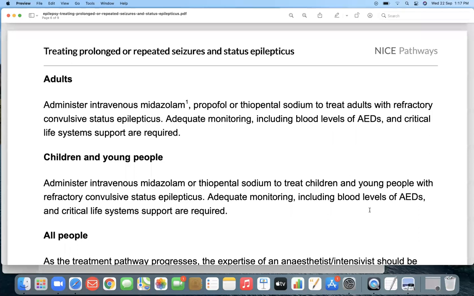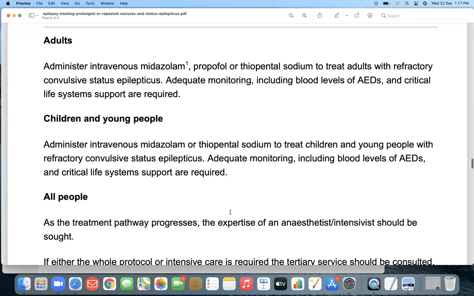Adequate monitoring, including blood levels of anti-epileptic drugs. If the child is on previous anti-epileptic drugs, this will also be your investigation: blood levels of anti-epileptic drugs. Okay, critical life support is required.